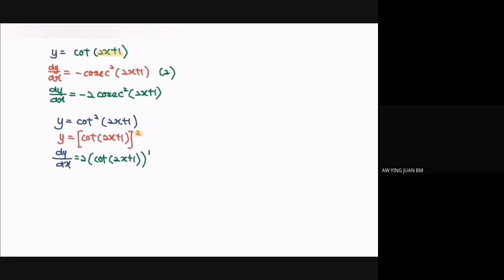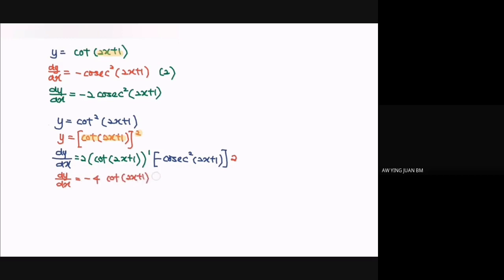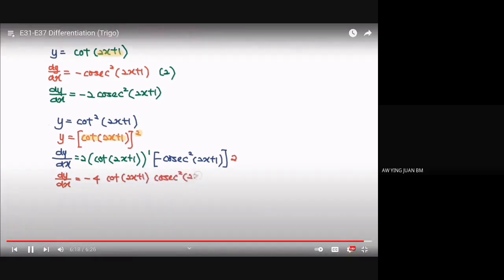Differentiate cotangent, and we will obtain negative cosecant squared (2x plus 1). Do remember to differentiate the internal function, and we will have 2. Rewrite the situation: dy dx equals negative 4 cotangent (2x plus 1) multiplied by cosecant squared (2x plus 1).